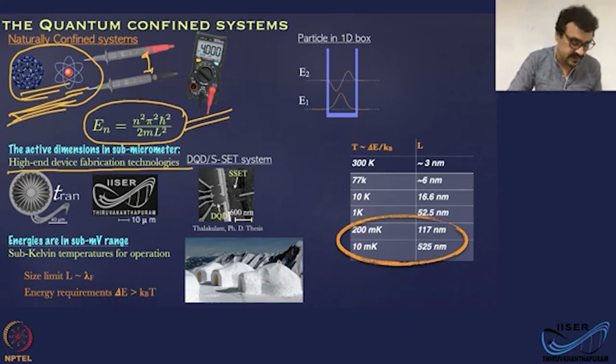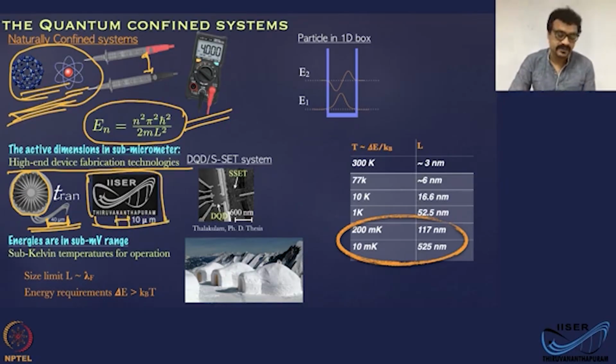What we are seeing here is a wheel which is lithographed with a dimension given as 40 micrometer. Okay, the wheel, the Sun Temple wheel, which is lithographed using electron beam lithography with a size of 40 micrometer. This is the emblem of IISER TVM with a size of 10 micrometer.